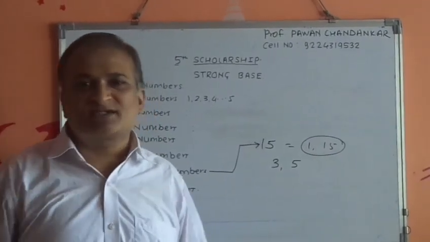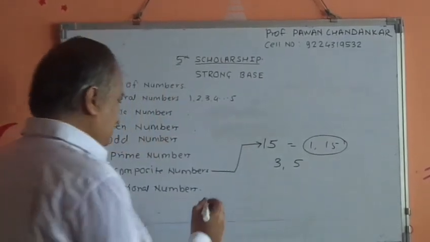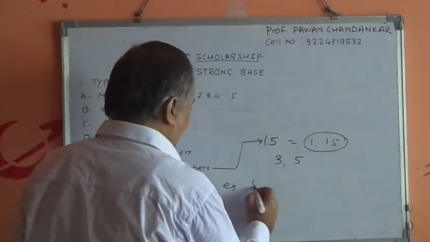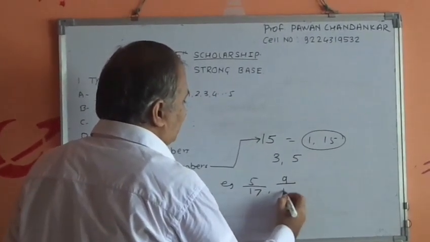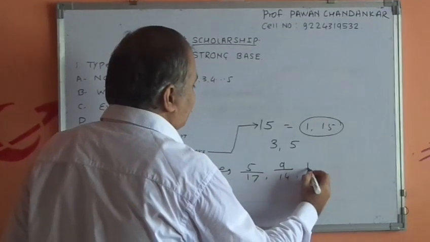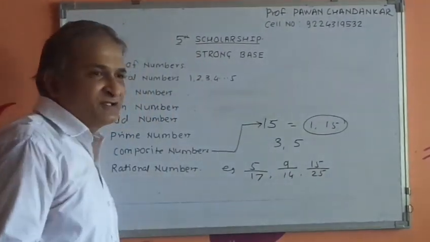So rational numbers are nothing but fractions. Examples: 5 upon 17, 9 upon 14, 15 upon 25. These are all examples of rational numbers.